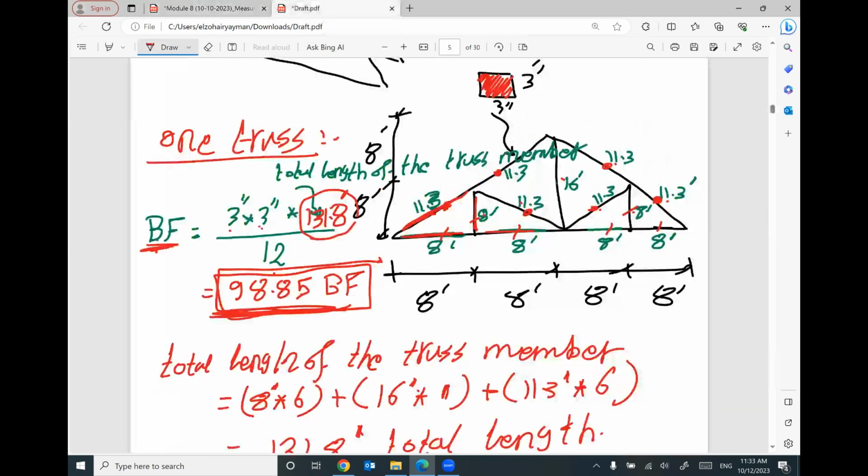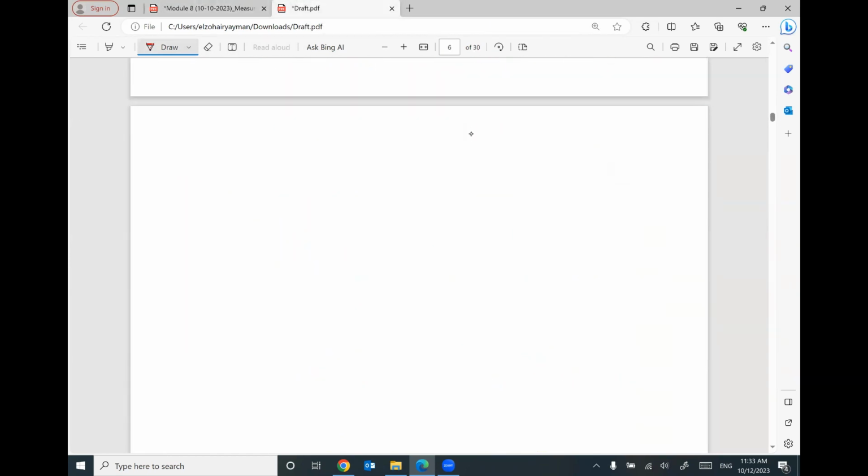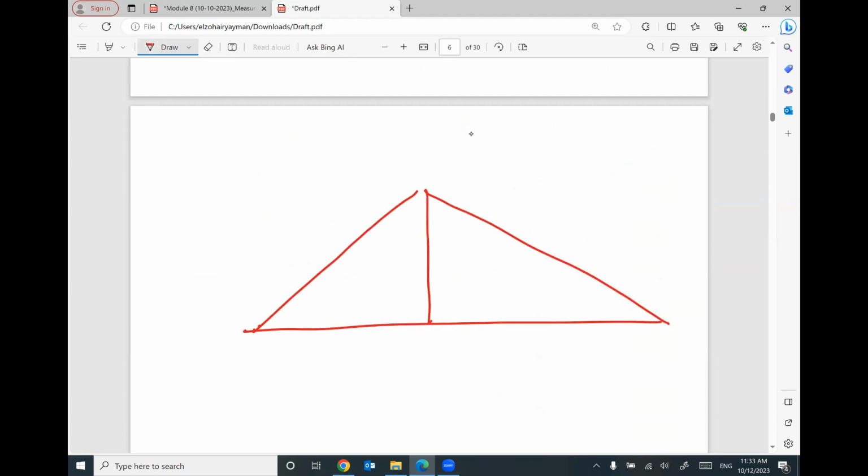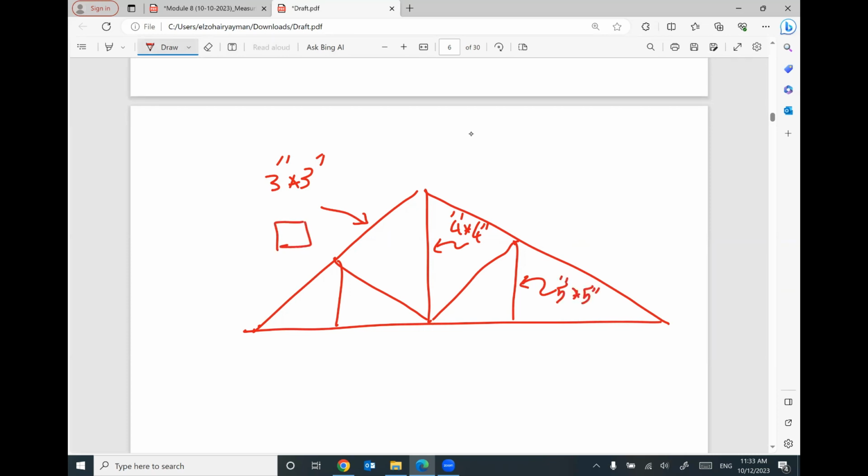Because sometimes, maybe, nobody knows, I will give you a truss, maybe the same truss, but this member is 3 by 3, and this member is 4 by 4, and this member is 5 by 5. You know what I mean? The cross section is different.